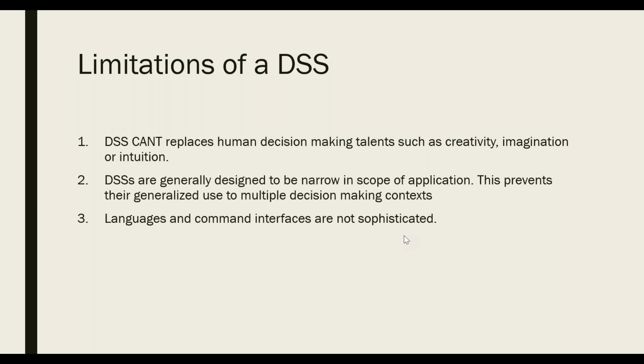All right. The limitations first. DSS can't replace human decision-making talent such as creativity, imagination, or intuition. Do you agree? First thing, it cannot replace the cognitive intelligence. If you remember, we've spoken on the cognitive intelligence, the gut feeling. It cannot replace.